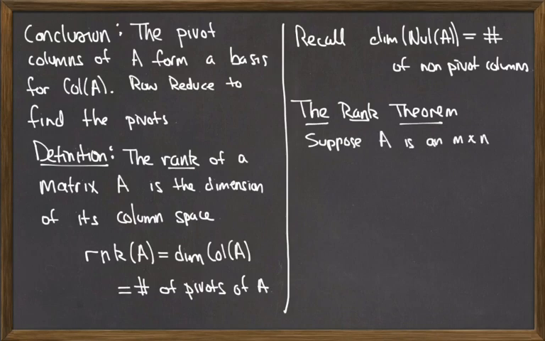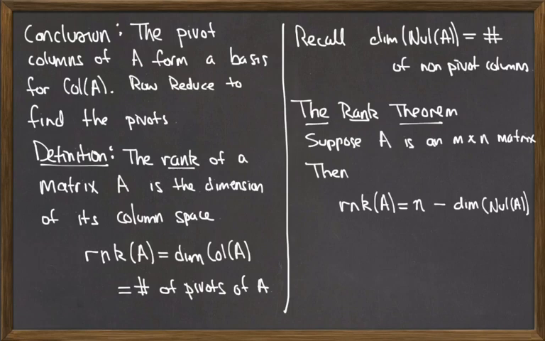Suppose A is an m by n matrix. In particular, it has n columns. Then the rank of that matrix, which is the number of pivots, must be the total number of columns, and then take away the dimension of the null space because that's the number of non-pivot columns.